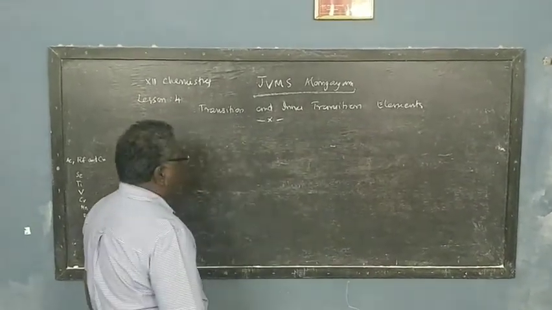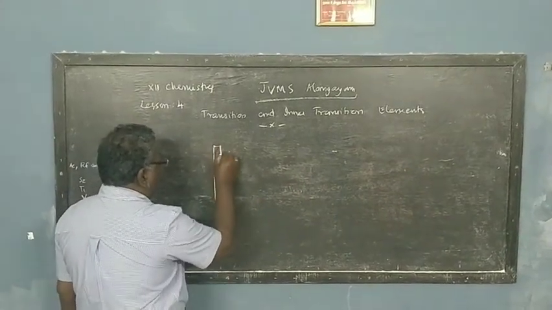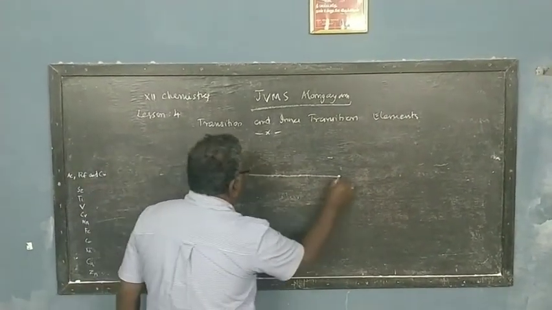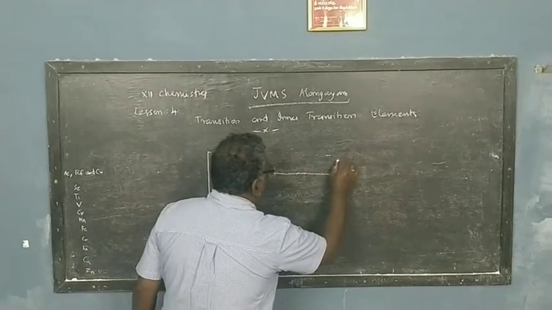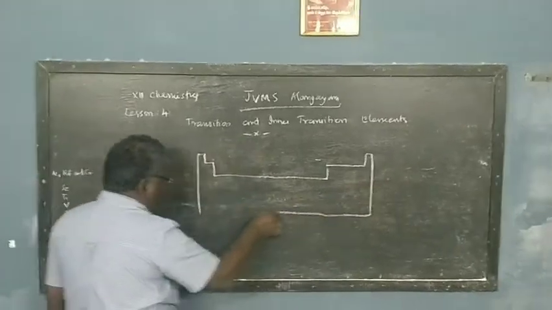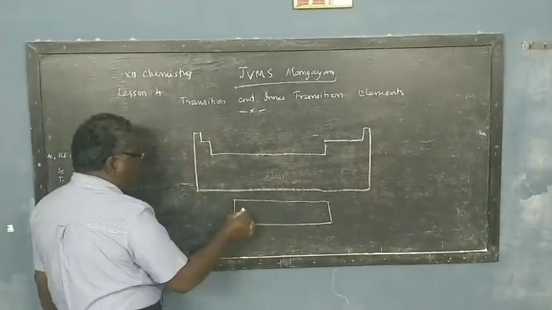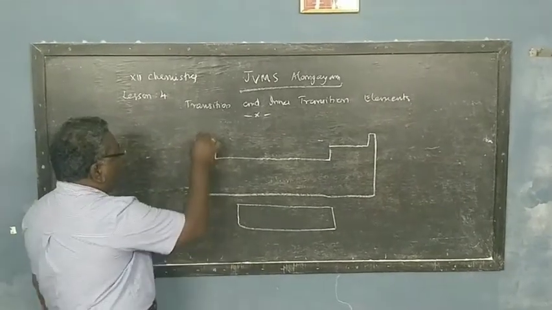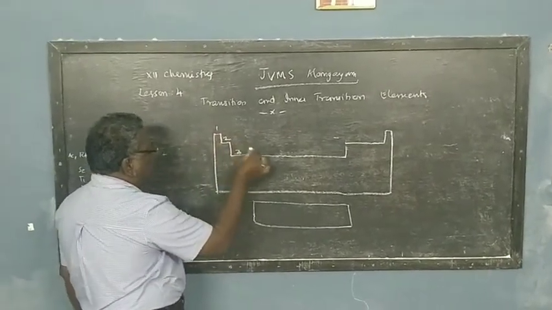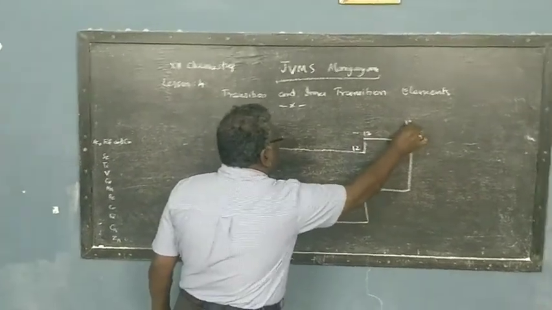We know about the periodic table. So in the periodic table, it is like this. This is the outline of the periodic table. We have group 1, group 2, group 3 to 12, then 13 to 18.